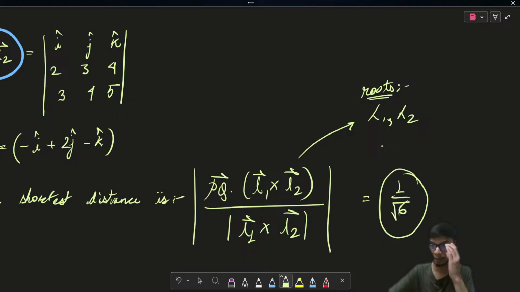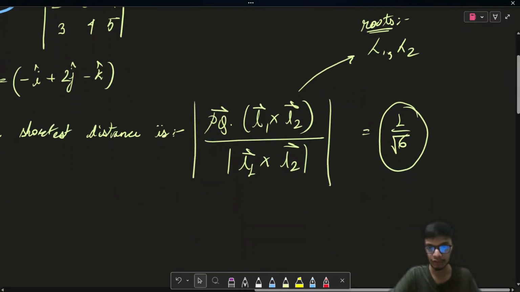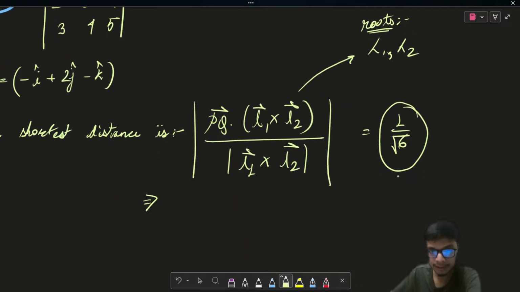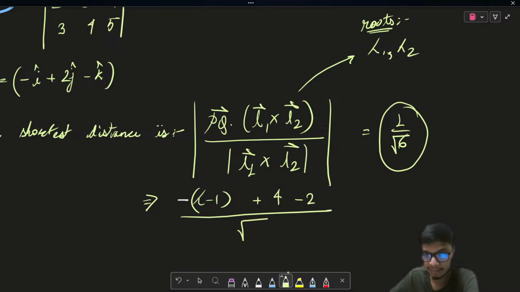If you try to solve this problem over here, what you will observe is lambda minus 1 plus 2 times of 2 into 2, and there should be a minus over here also, right? And this will come out as plus of 4 and minus of 2 and minus of 2, right? Minus of 2, divided by the magnitude, which will come out to be root 6, and if we take the mod of it, it is equal to 1 upon root 6.